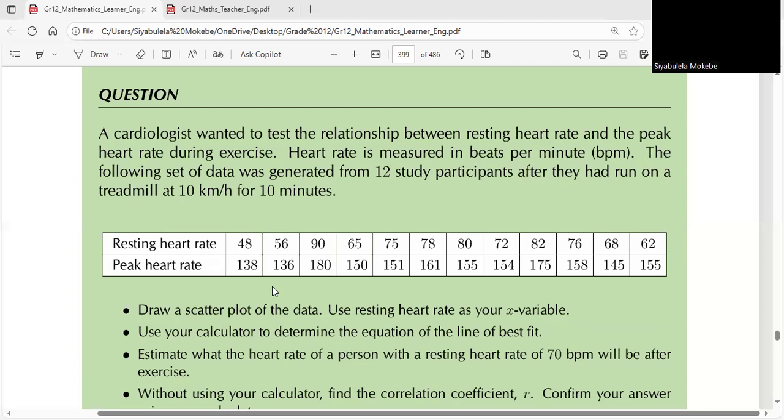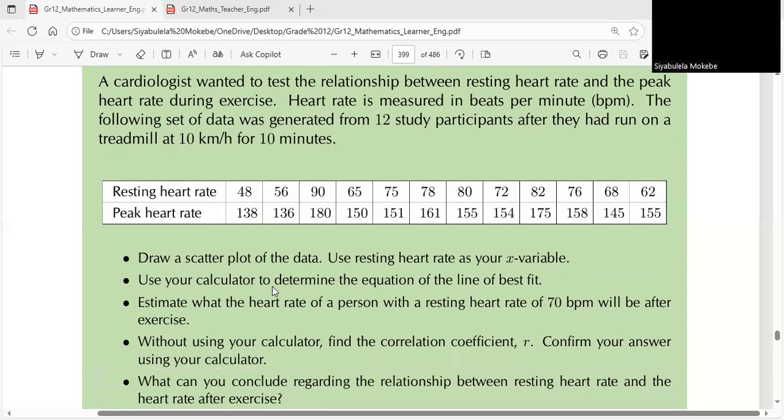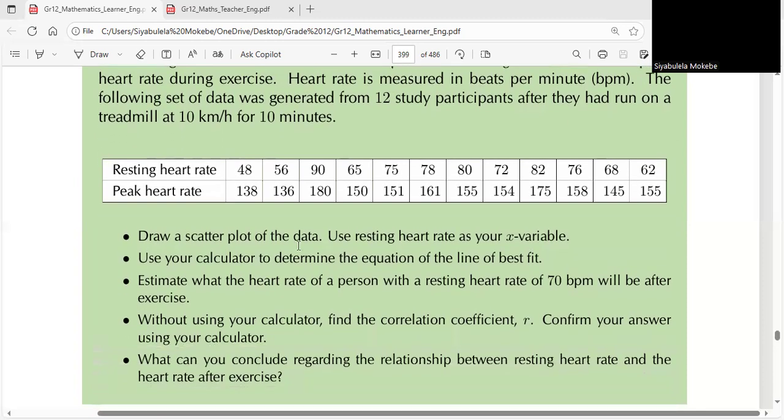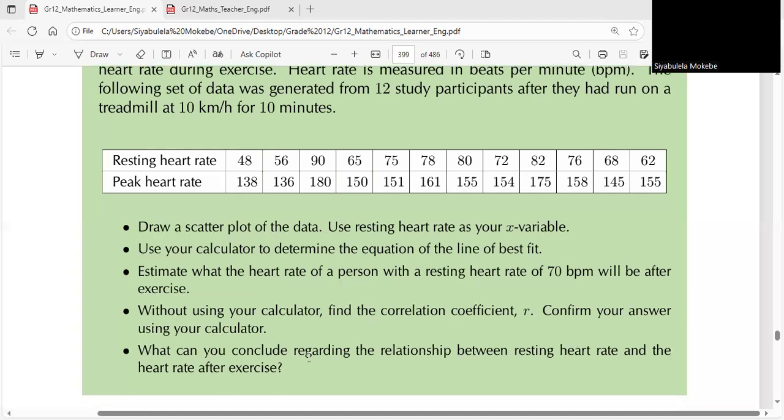From there, we're going to draw a scatter plot for the data, then find the equation of the line of best fit, then do some estimations, calculate the correlation coefficient, and then comment on the relationship.